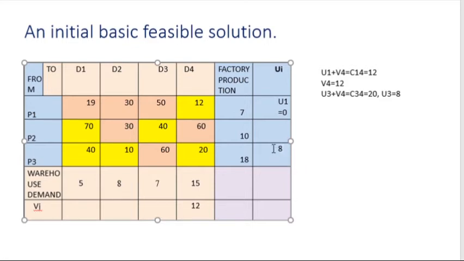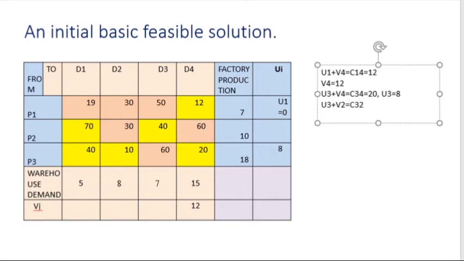Now, since I have got 8 here, this can be used for the calculation of V2 and V1. U3 plus V2 equal to C32, that is equal to 10. Which means V2 is equal to 10 minus 8, that is equal to 2.